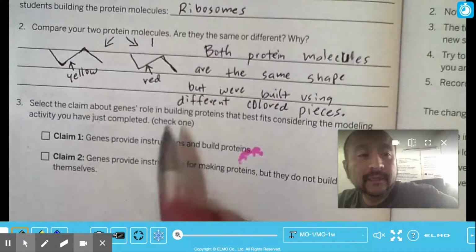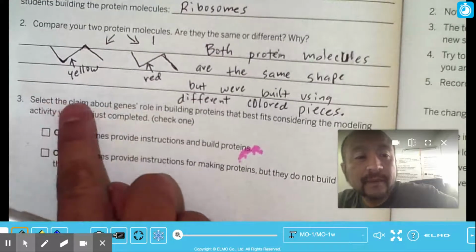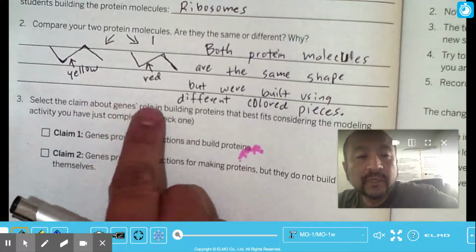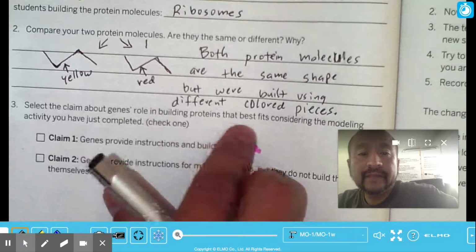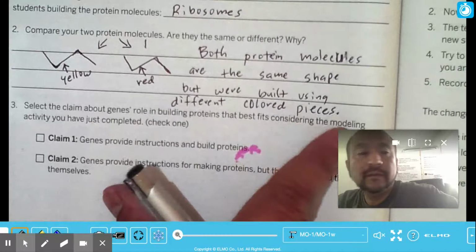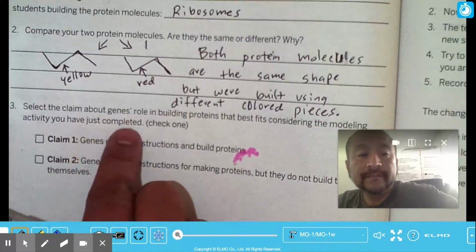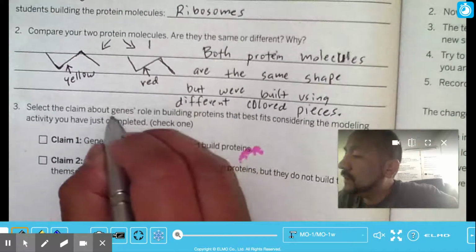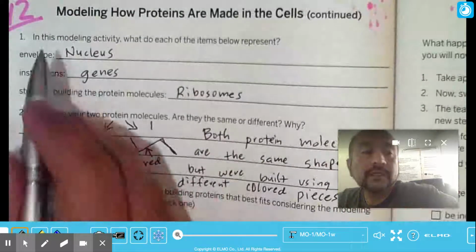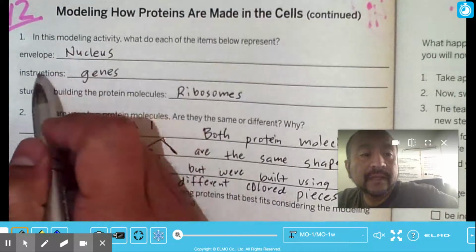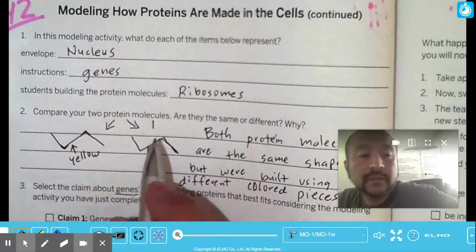And here for number 3, it reads, select the claim about genes' role in building proteins that best fits considering the modeling activity you have just completed. The keyword there is genes. What genes did was provide the instructions for how to build these 2 models.